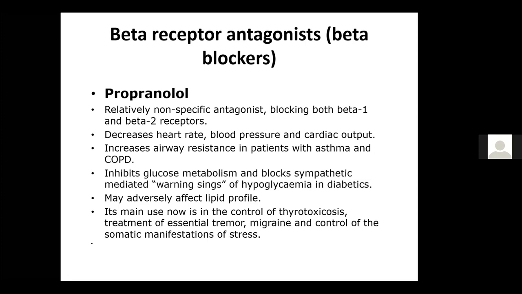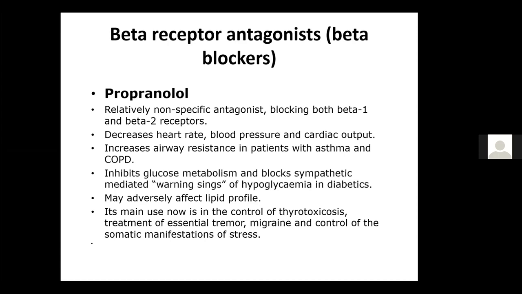Now there are many different drugs, but a quick way to anticipate which one is beta selective and which one is not is to use the alphabetical order. We usually say the ones that are from A to M are beta selective.